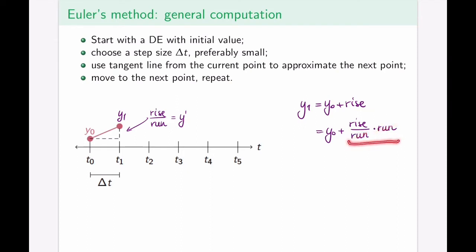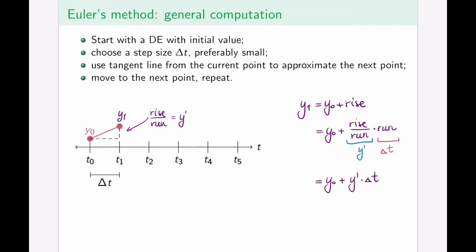But when we rewrite it this way, it's convenient because this part of my equation is what is known as y prime. And this part, the run, is how much I ran from y0 to y1, which is something that we denote as the step size, delta t.